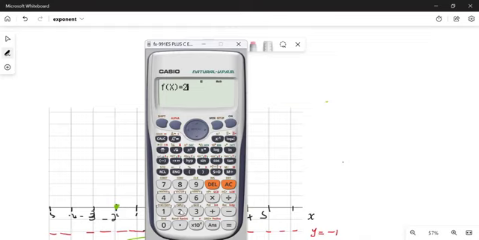We have 2 to the exponent x, plus 2, and then minus 1. Equals y.